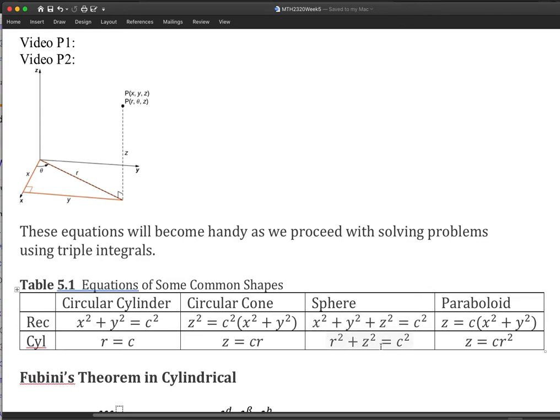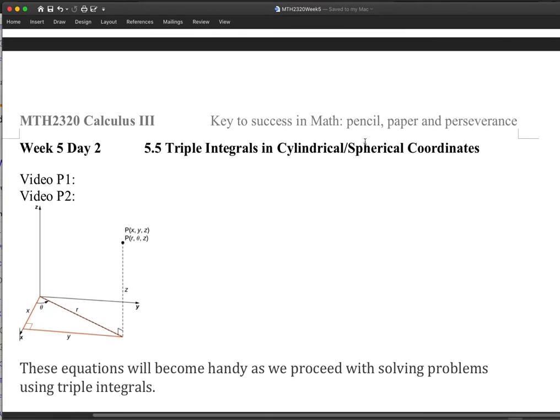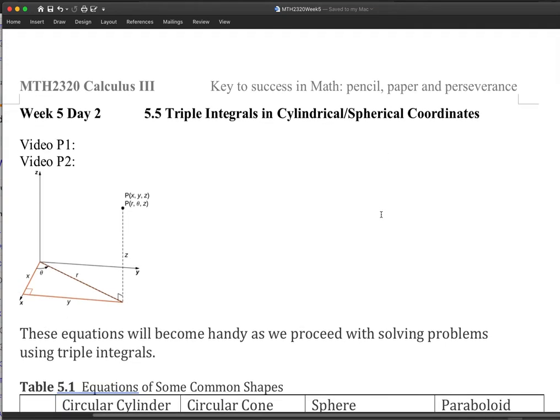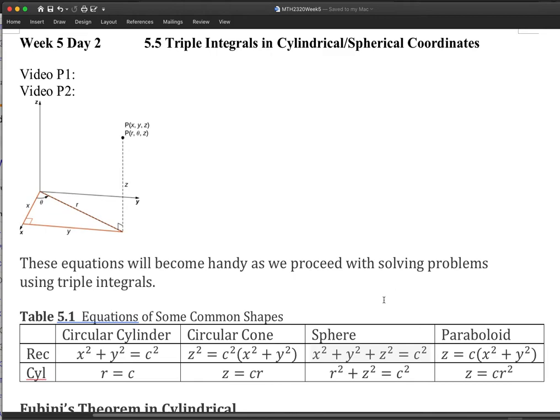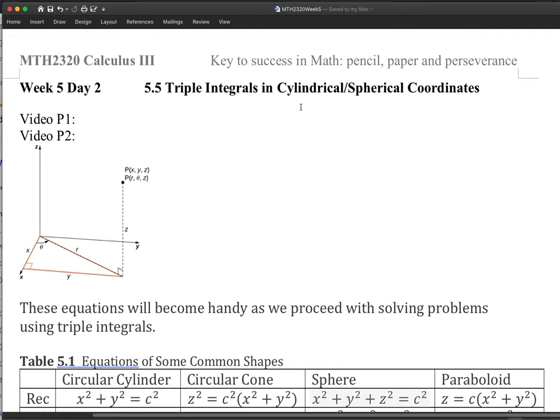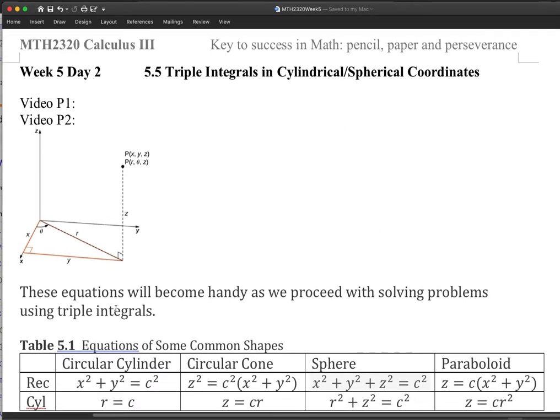It's also worth mentioning, usually when you have spheres involved, we are going to use spherical coordinates. It's just a lot easier. You can tell from the name, spherical coordinates are used to deal with spheres, and cylindrical coordinates are used for dealing with circular cylinders.